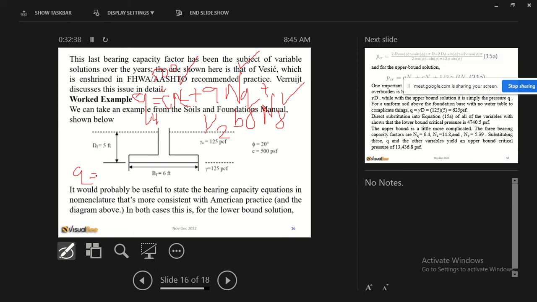Class rep or Patrick or whoever, anyone else? Gamma DF. Yeah, that's okay, but now they suggest substituting the values directly. Gamma DF, gamma is how much?